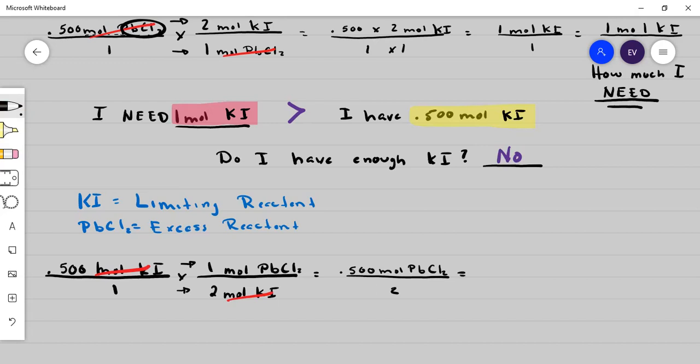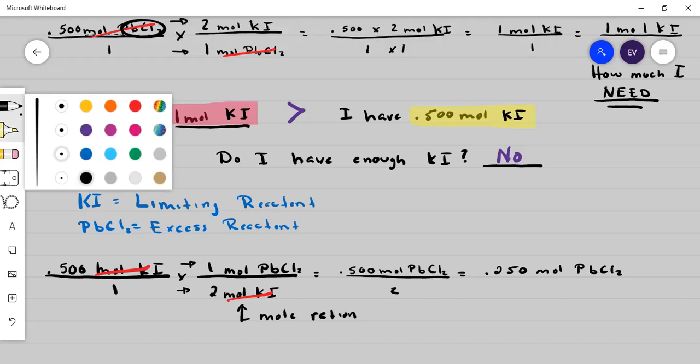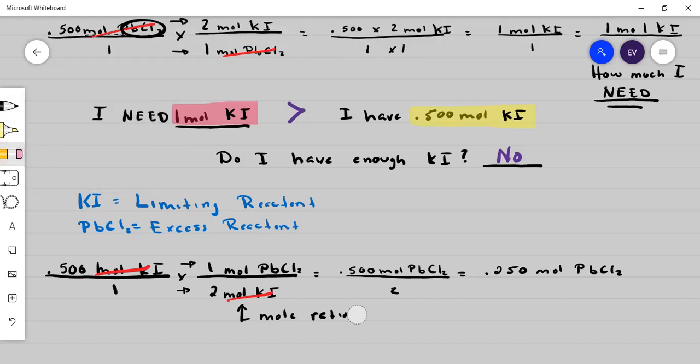If you multiply or divide that out, then you end up with 0.250 moles of lead chloride. So again, using the mole ratio as your conversion factor, you're able to convert from moles of one compound to moles of another.